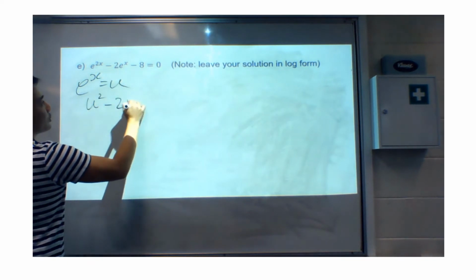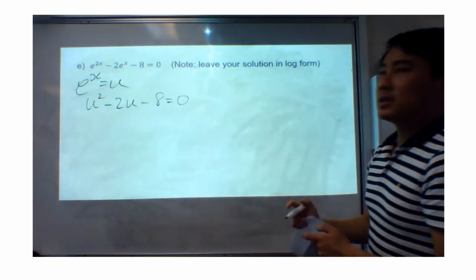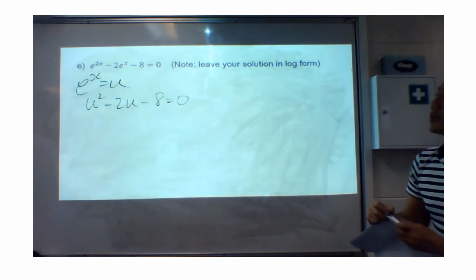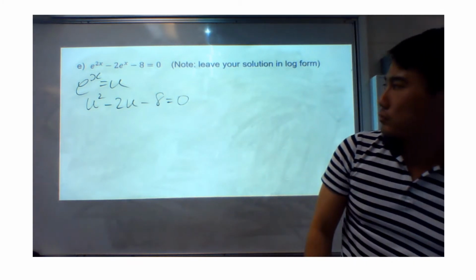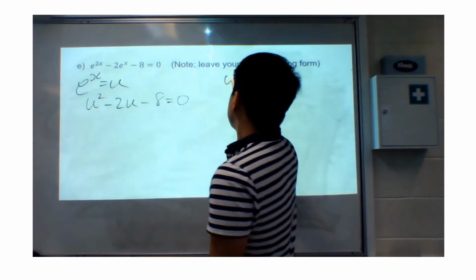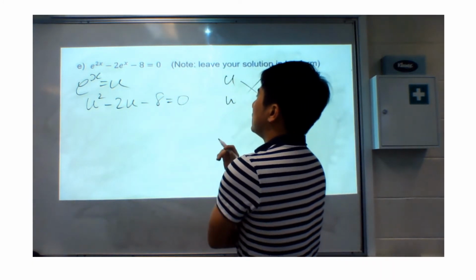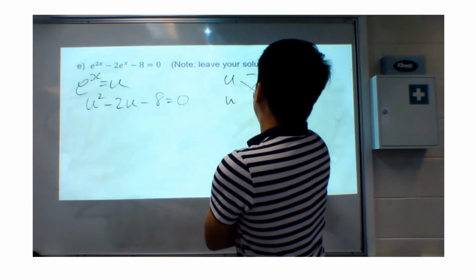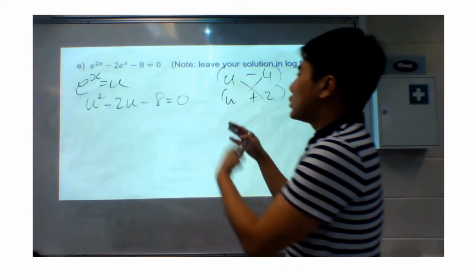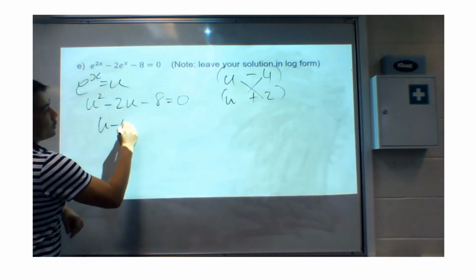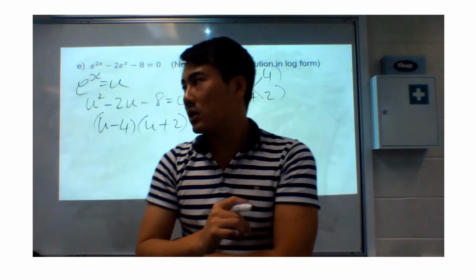This will become take 2u, take 8 equals to 0. How do we solve it? We factorize. Okay? So I want to put them in 2 separate brackets. Probably negative 4 plus 2. That's just my shortcut of doing it. So we know u take 4 times u plus 2 equals to 0.